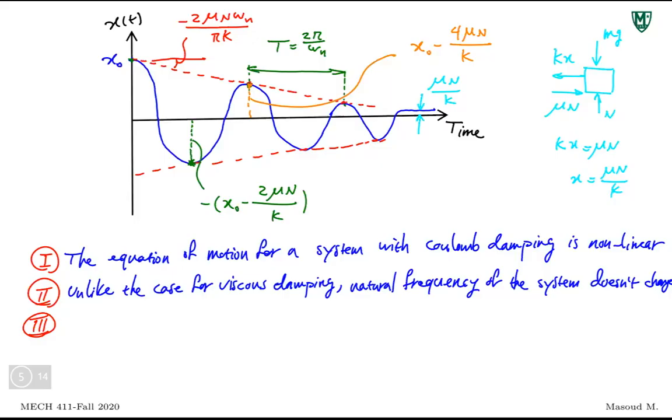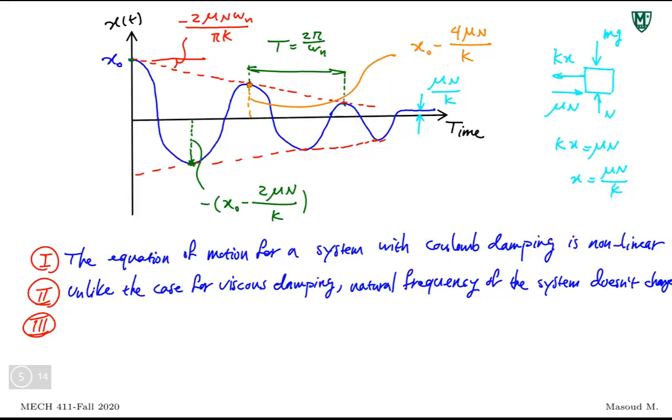Now, one thing that we like to look at is the number of half cycles before this motion stops. If you give it some initial displacement and let it go, what happens? Keep in mind, we solved this equation of motion for a special case, in which initial velocity was 0. We did not talk about the case where we give some initial velocity to the system. That would be a different story.